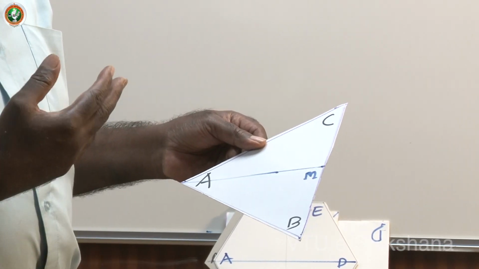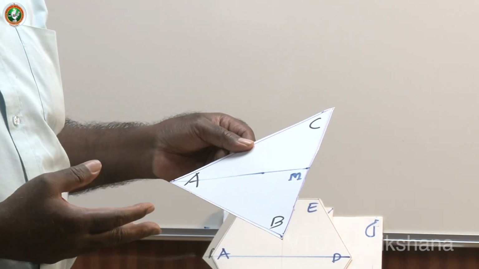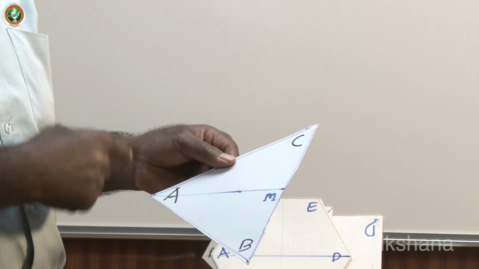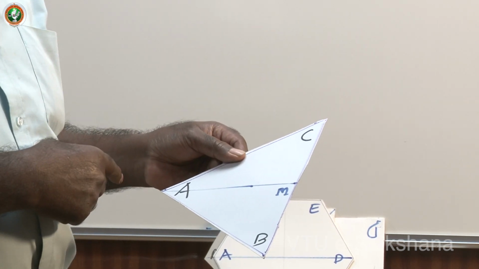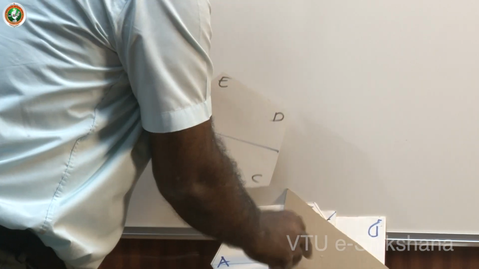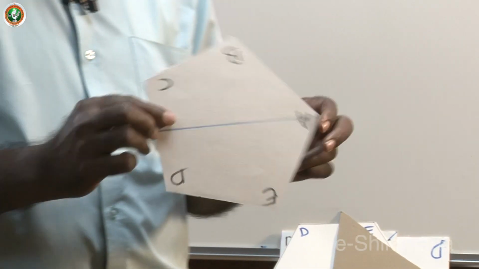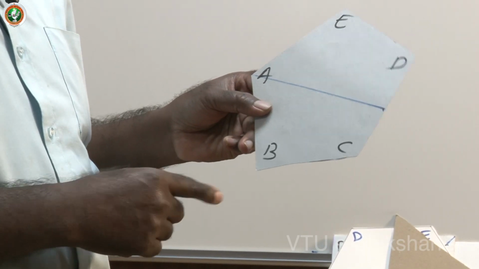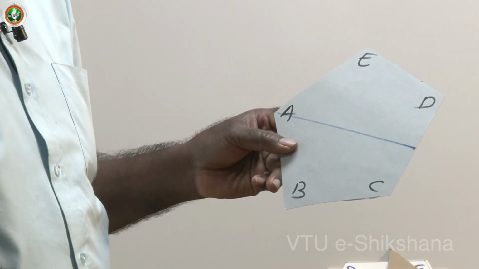Sometimes a diagonal will be given, or a median, or the perpendicular bisector of a pentagon. Now this is the median of the triangular lamina, and similarly we have a pentagon. This is the perpendicular bisector of the pentagon. These are corners and sides, you know.